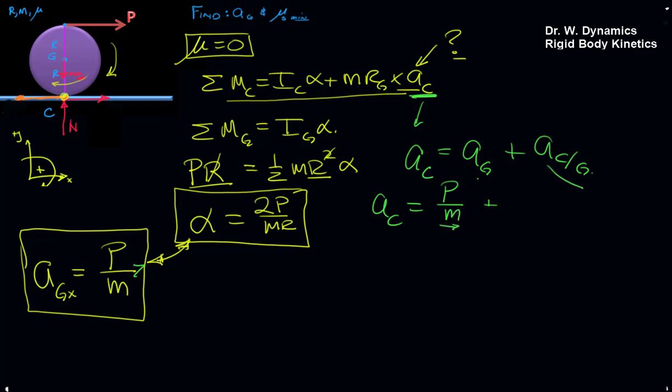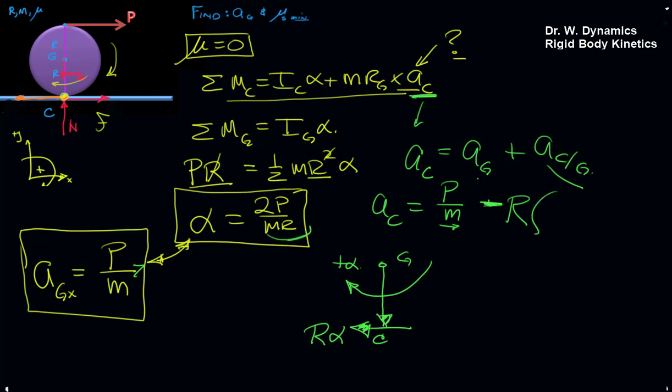Now, the acceleration of C with respect to G. We're at G and we're looking down at C. And for a positive alpha, we would have an R alpha in this direction. So that is going to be a negative R alpha. And we know alpha, it's 2P on MR. The R's go.